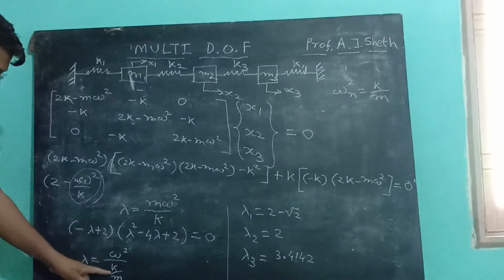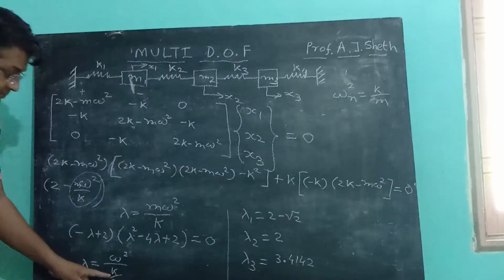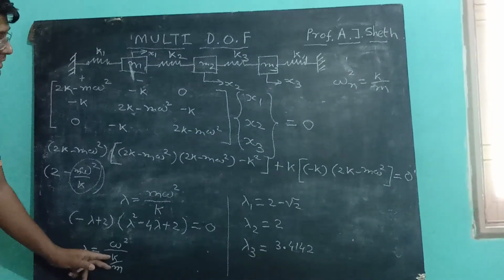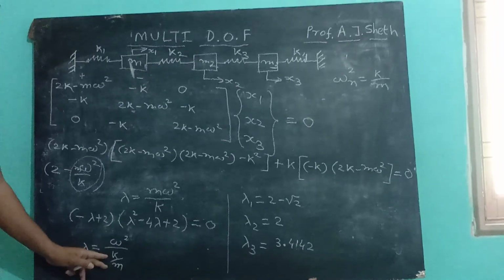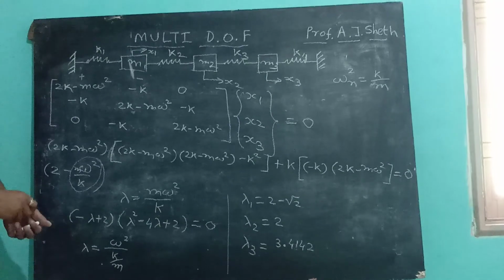Natural frequency square is equal to k by m. So the square root of k by m will become the natural frequency.